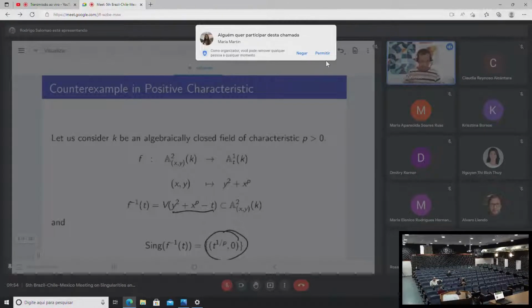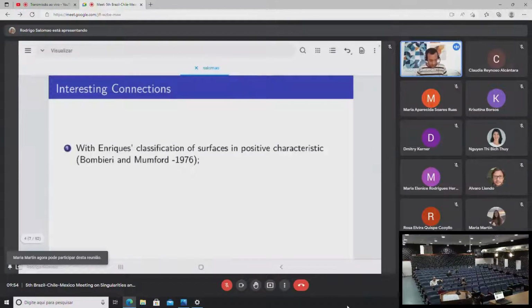And it's possible to show some interesting connections of this phenomenon. The first connection is with the extension of Enriques' classification to positive characteristic that was done by Bombieri and Mumford.